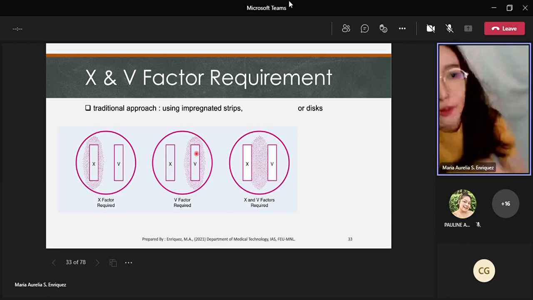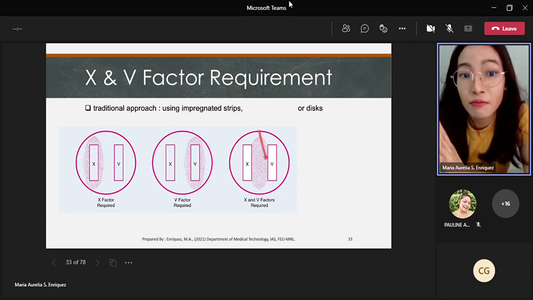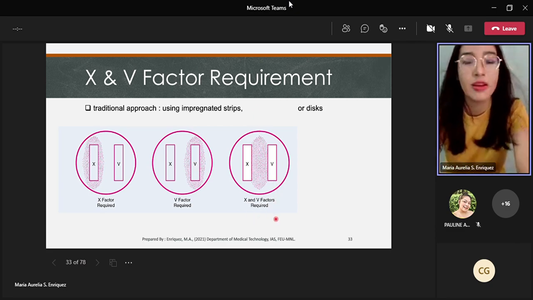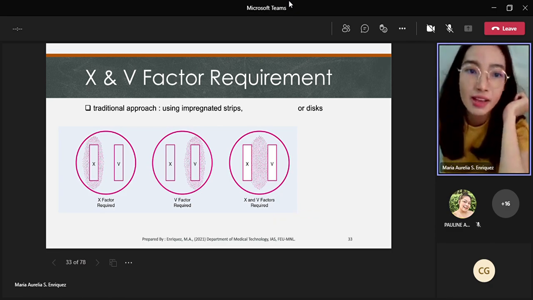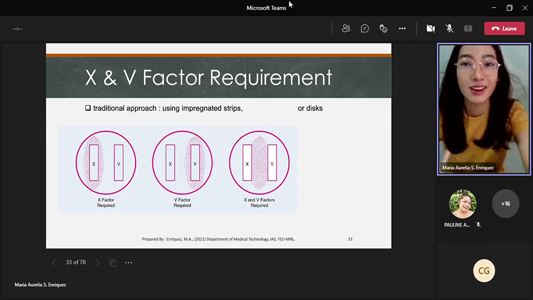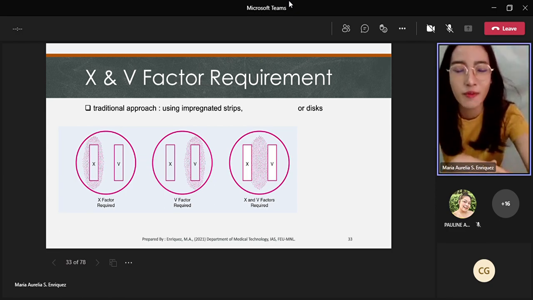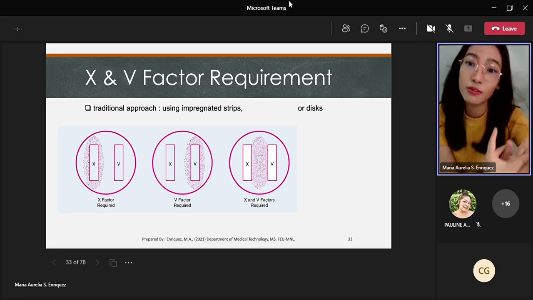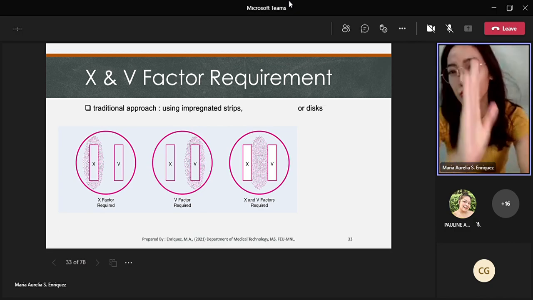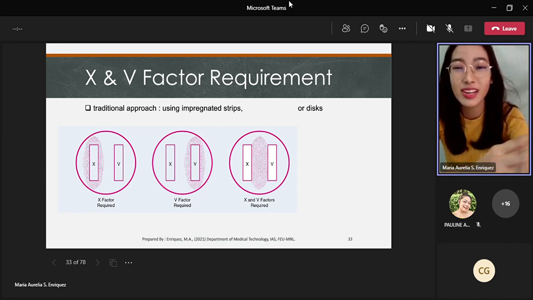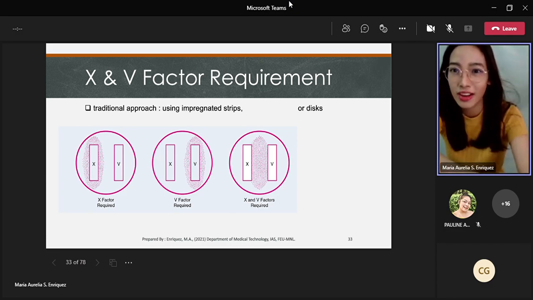Pero po, if our isolate grows right in the middle of both the X and V strip, ayan, this means that the Haemophilus species would require both the X and V factor. So madali lang naman po tandaan. Simple lang naman po i-interpret yung X and V factor requirement. Kung saan sila nag-grow, yun yung requirement or yun yung factor na nire-require nila. Kung nag-grow sila right in the middle, it means dun kasi present both factors. So yun kailangan nila both factors.